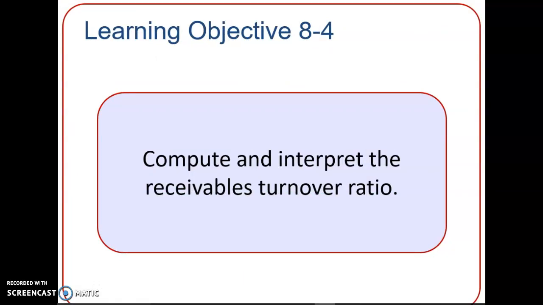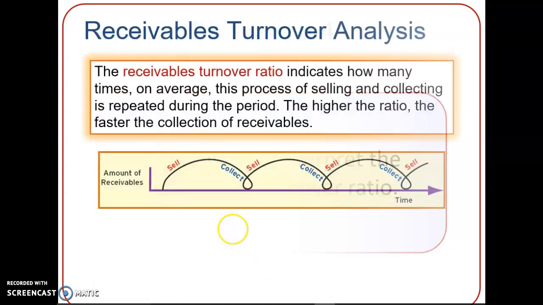Last topic, very quickly for the chapter, we're going to look at the receivables turnover ratio. Basically, we keep using receivables as another term for working capital, which we're not going to dig much deeper into.